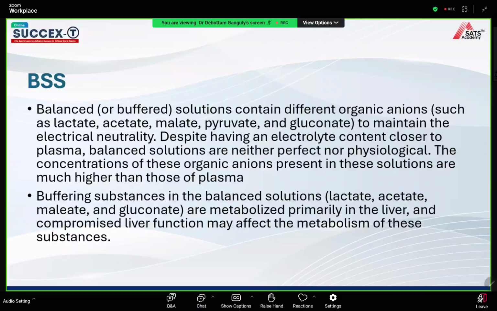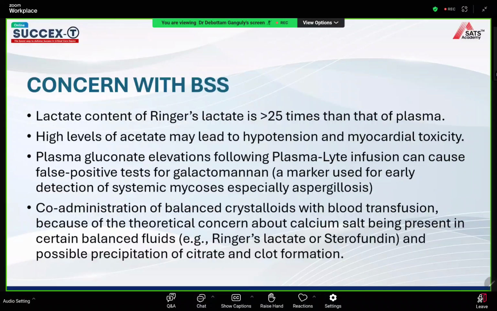The concentration of these organic anions in these solutions is much higher than in plasma. Buffering substances in the balanced solution, that is lactate, acetate and others, are metabolized primarily in the liver, and compromised liver function may affect metabolism of these substances. So we have to be cautious with BSS too.